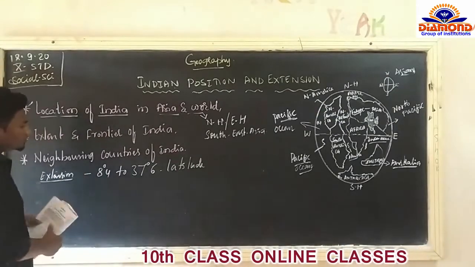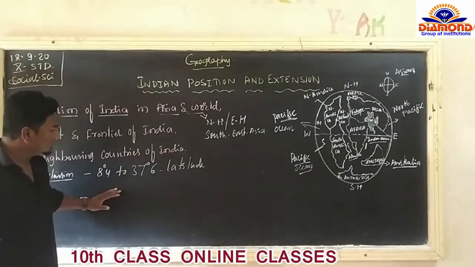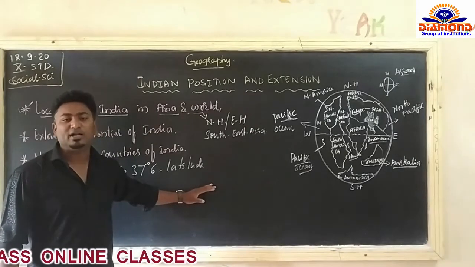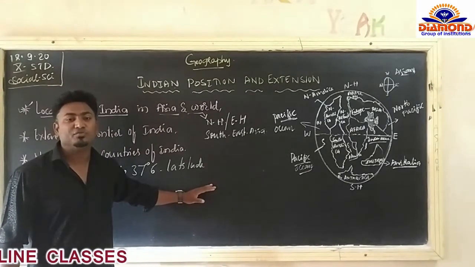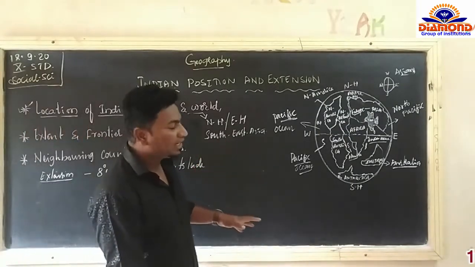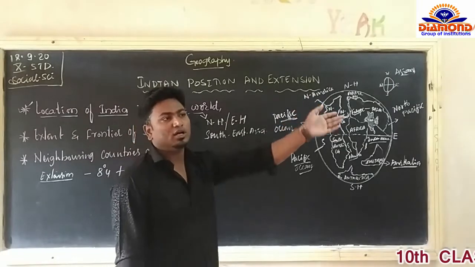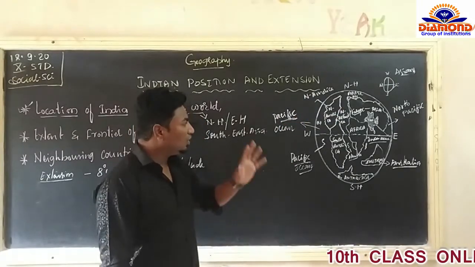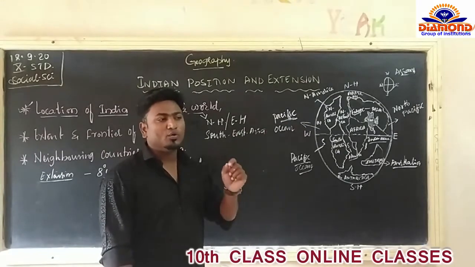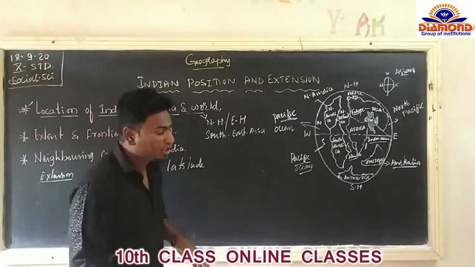As I told you, the latitudes are so important for us to understand the extension of positions and places in the world map. In the 8th standard, in the lesson called Earth, our living planet, you saw the diagram of the Earth globe with the grid of longitudes and latitudes.